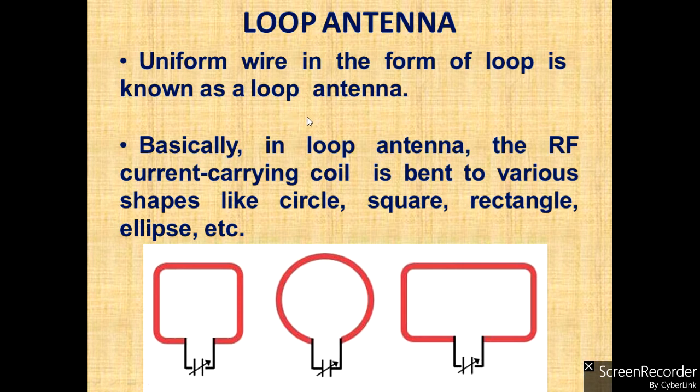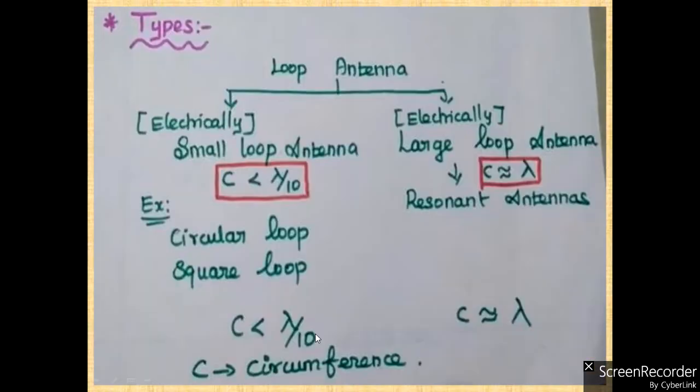Right now, basically we see the radiation pattern of loop antennas. Very basically, we can see that there are two types of loop antenna called small loop antenna and large loop antenna. We differentiate them based upon the circumference of the loop.